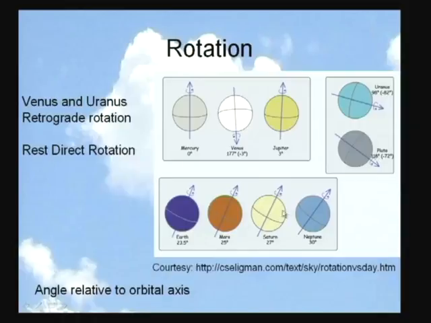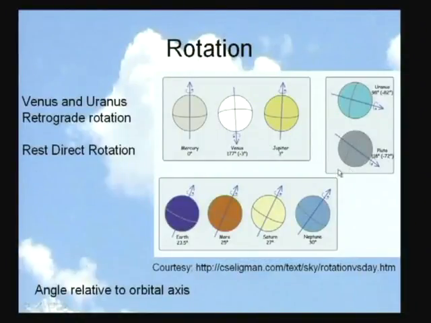These planets are all roughly inclined in nearly the same direction, and you have Earth, then Mars, Saturn, and Neptune. Uranus has its rotation axis orthogonal to the direction of the orbital motion, and so does Pluto, but Pluto is no longer considered to be a planet.